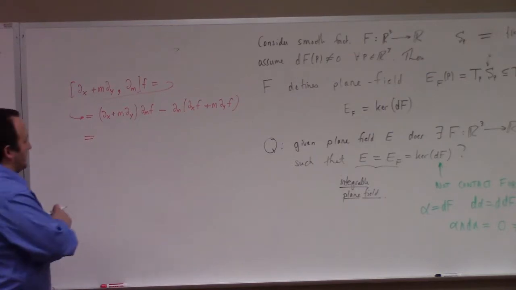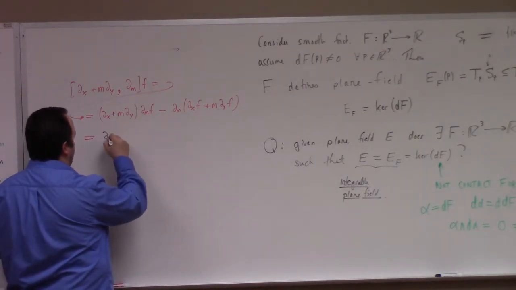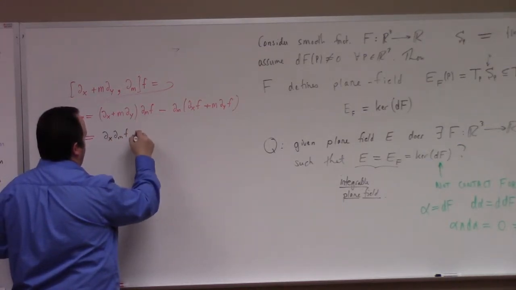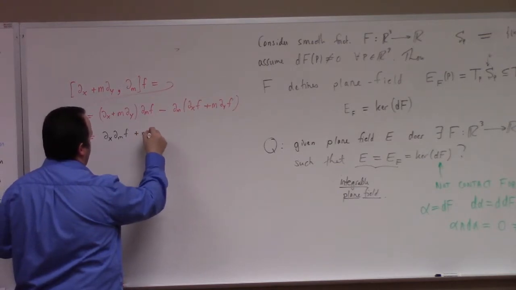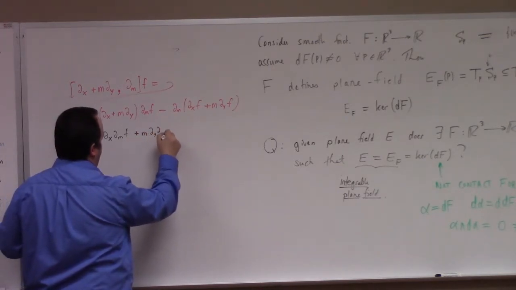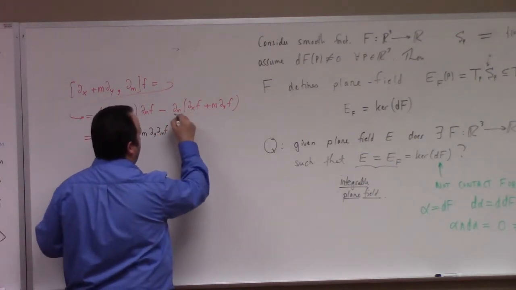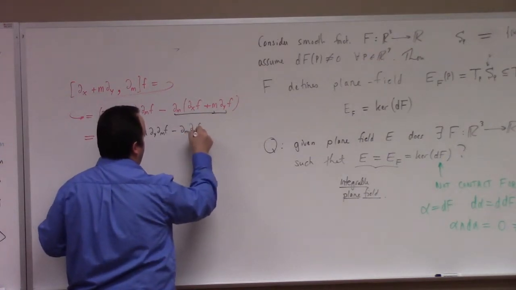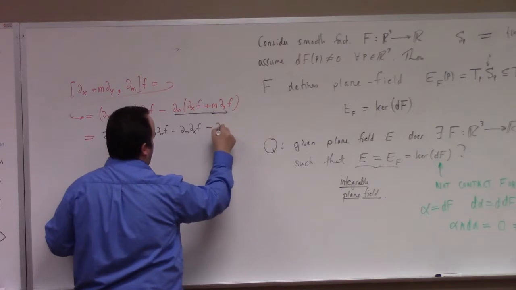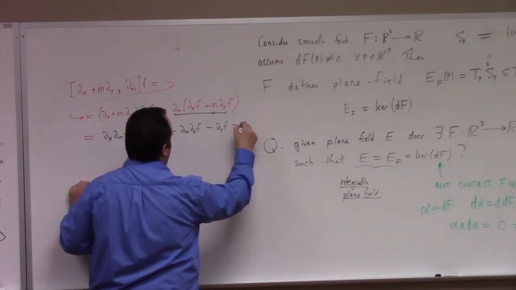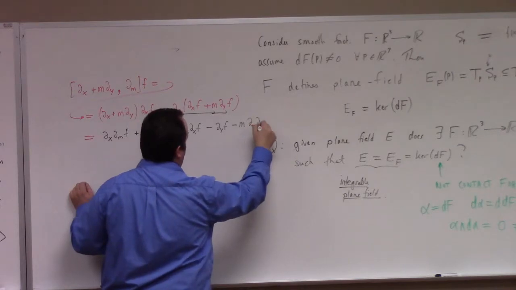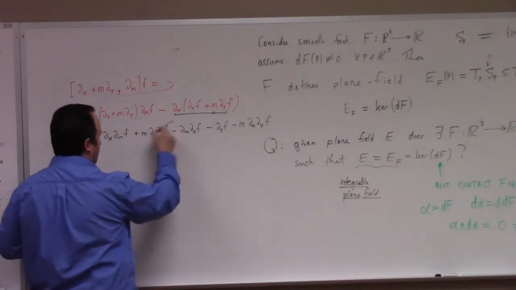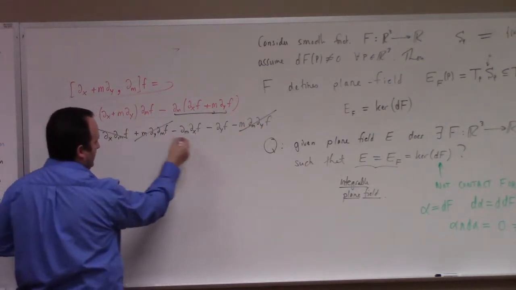Okay, so getting back to here, this would be partial x, partial m f, and then plus m partial y, partial m f. And then over here, there's a product rule. You see that? But first we get minus partial m partial x f, and then minus partial y f minus m partial m partial y f. Now, most of this stuff should cancel, right? This and that are gone. This and that are gone.